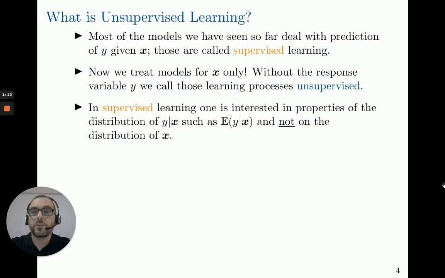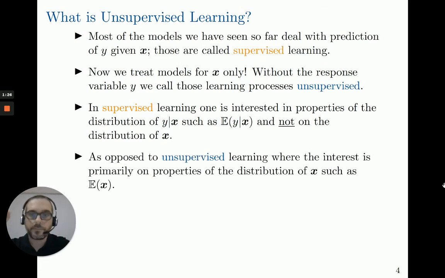In supervised learning, one is interested in properties of the distribution of y given x, such as the expected value of y conditional on x, and not on the distribution of x. As opposed to unsupervised learning, where the interest is primarily on properties of the distribution of x.